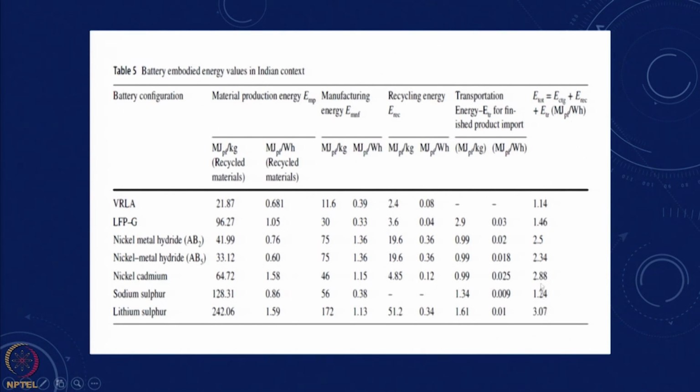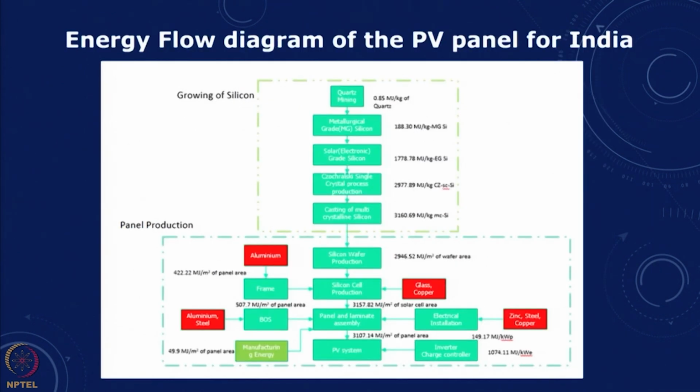And you can see that there's quite a bit of variation in this. Lead acid, of course, seems to be low in terms of the embodied energy, and that is why lead acid is actually quite popular. Its initial costs are also low, life is less, and it has environmental impacts.